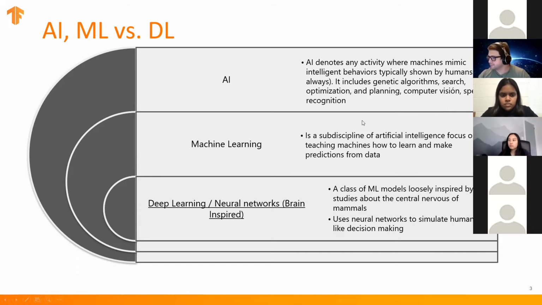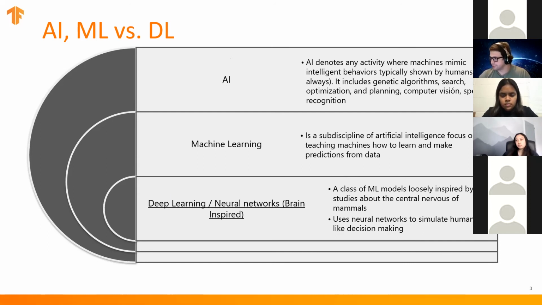Machine learning is a subset of artificial intelligence, and it comes with different models and algorithms that we can use to make machines able to learn from data. This is very important: machine learning is a subfield of artificial intelligence focused on making machines learn from data.